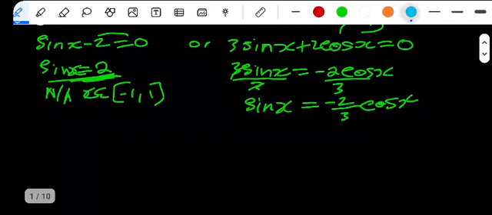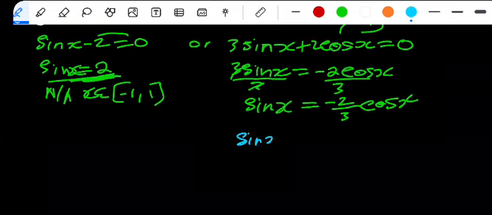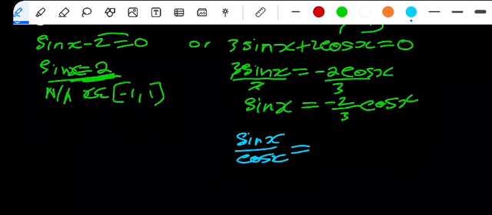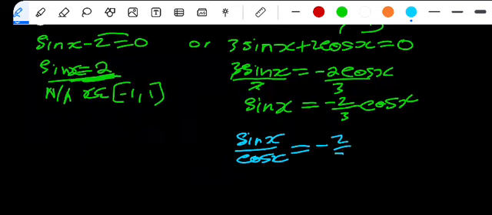I can divide again by cos on both sides. We'll have sine x divided by cos x, and this side we'll be left with -2 over 3 because the cos cancels out.